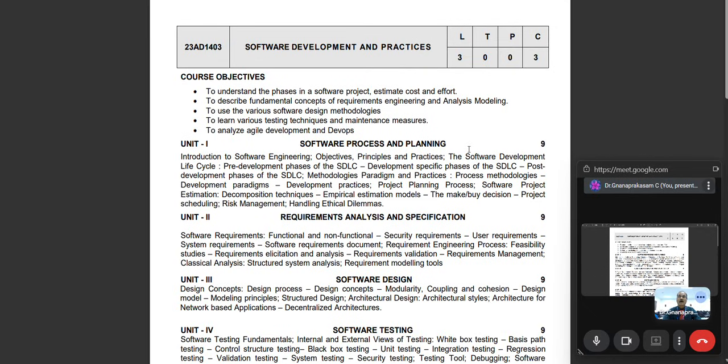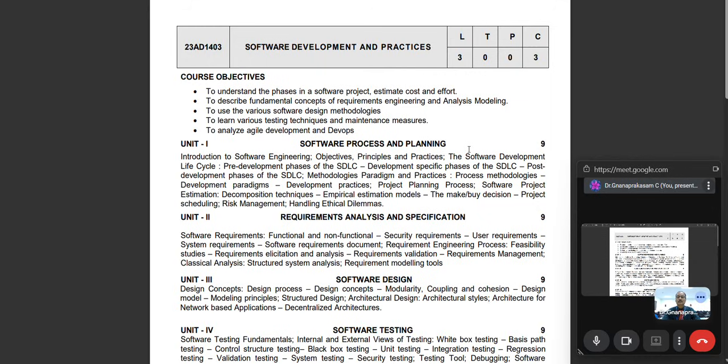After that, the customer, the engineer and the company people sit together to evaluate the requirements and finalize which requirements should be implemented in the project. So that is the second objective.